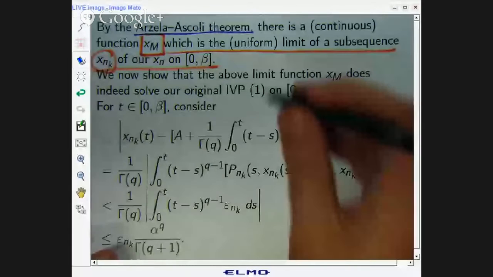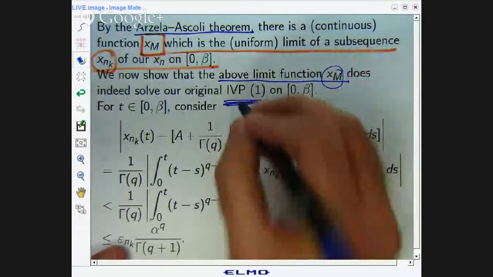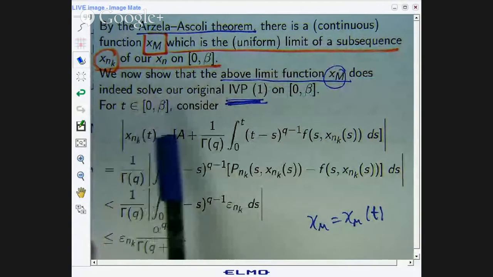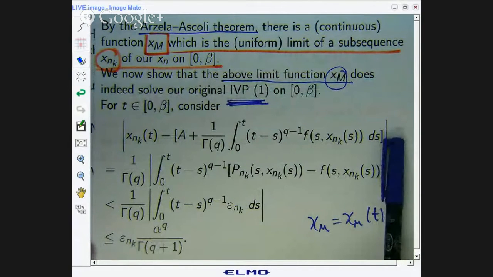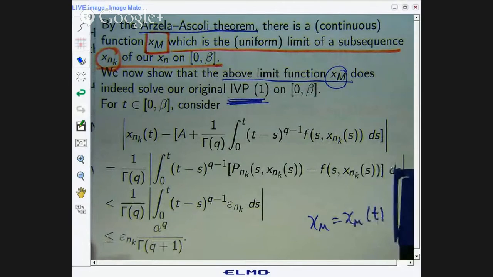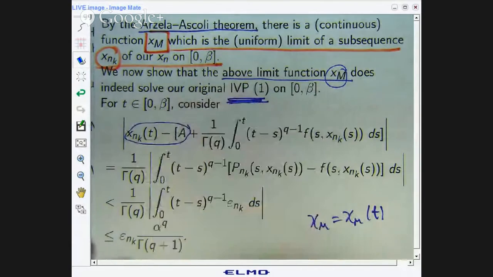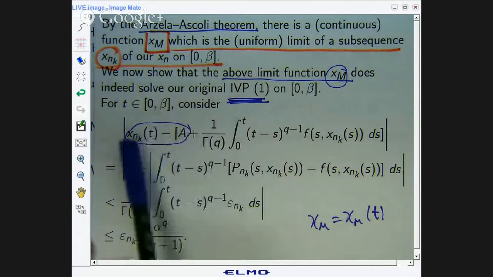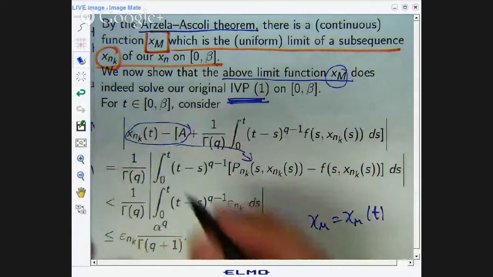All right, so it's pretty easy to show that the above limit function really does satisfy the original initial value problem with the f. Okay, so basically let's look at this difference here. Now, if I bracket off that, the a's will cancel, and if you expand this, you'll get this.